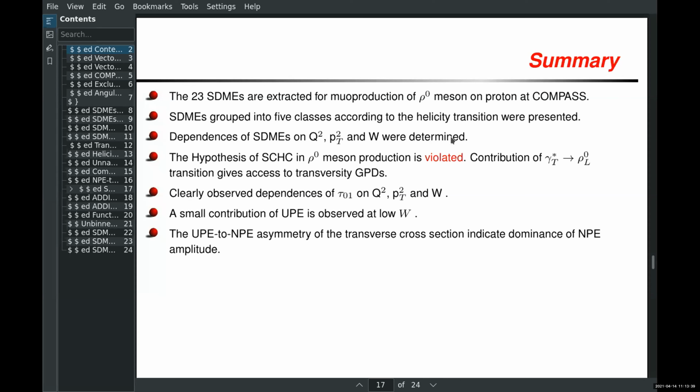We see a contribution from transverse photon to longitudinal meson, and we clearly observe the dependence of r^5_00 on Q square, PT, and W. A small contribution from unnatural parity is observed at low W, and we observe the asymmetry between unnatural and natural parity, and we notice that the natural parity amplitude dominates. So thank you, that's all.